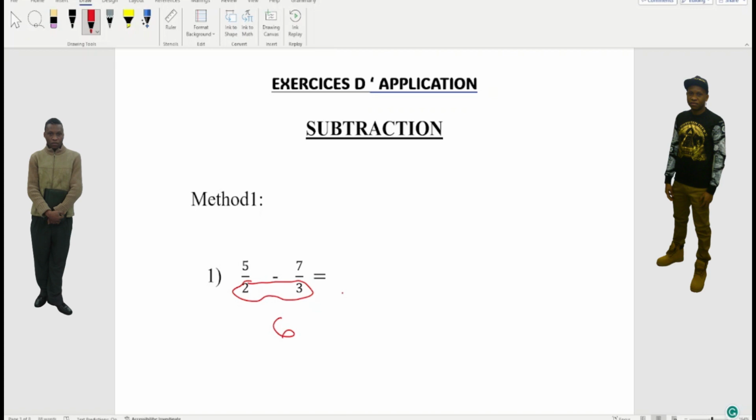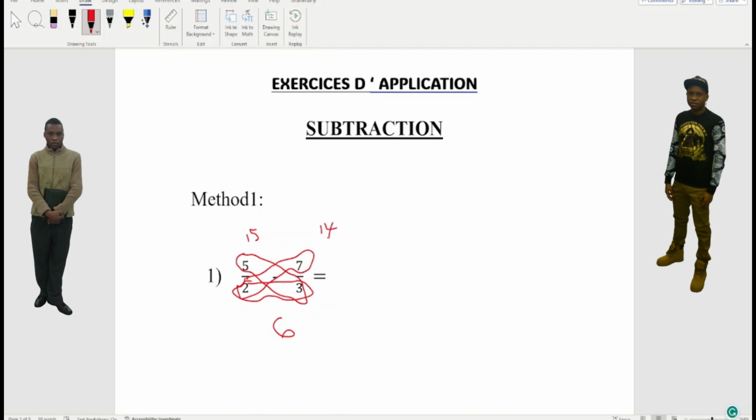And then they're going to multiply this and this. They're going to multiply 2 and this, and it's going to give them 14.